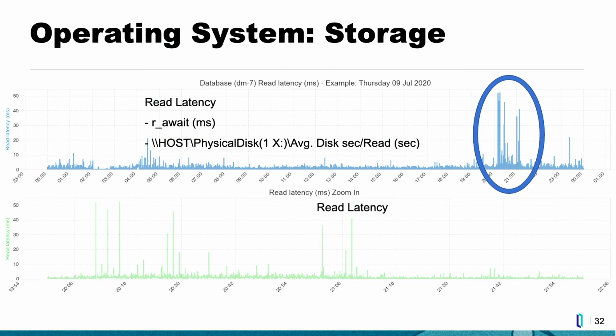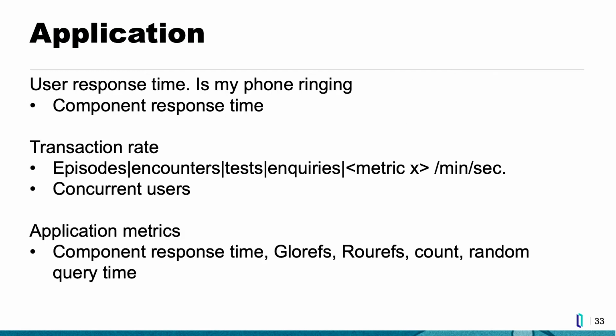But then on a second look, we zoom in and we can see that actually it is quite good. It's just the way the charting works. So that's that chart I showed you at the beginning about correlation is not causation, or whatever, the other way around. Looking in, we can see that there's just a few little spikes above 50, and probably for a normal system you can get away with that, and it's not an issue at all. But this is a case of just diving in.